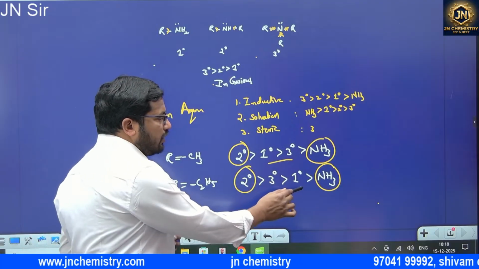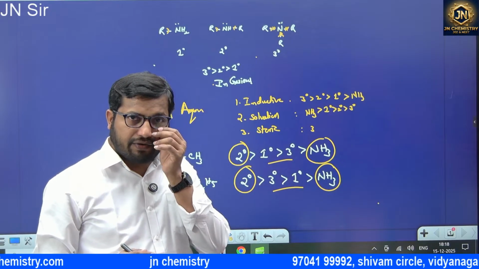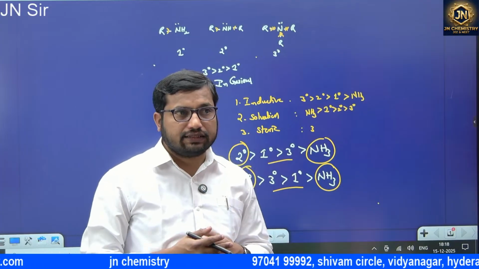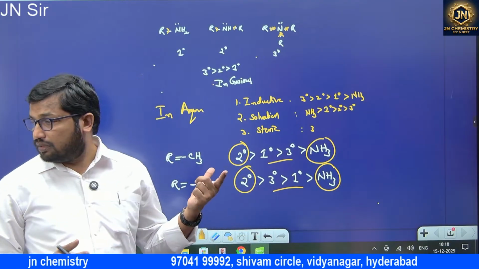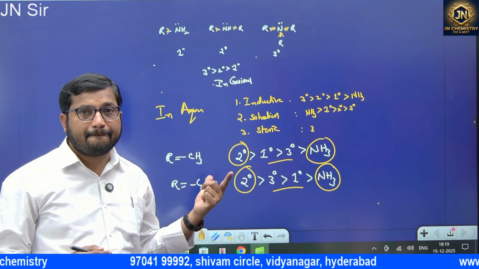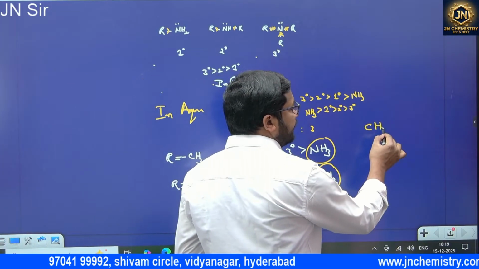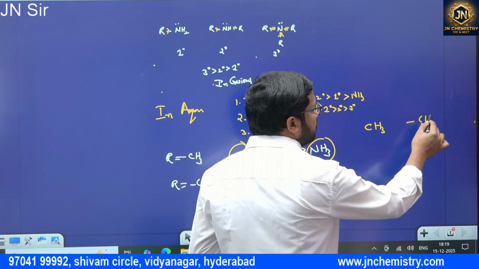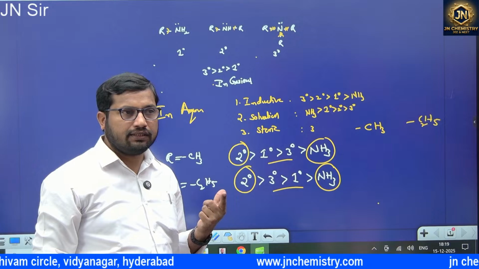So how should we remember? Right now it is fine, but after a couple of days or weeks we can automatically forget. So what do we need to do? Methyl and ethyl, which is bigger and which is smaller? Methyl is smaller.